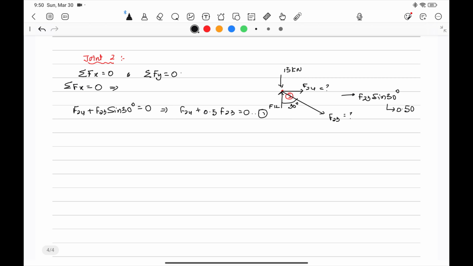Now, we have to find the second equation. What is the second equation? In the y direction, just directions only you take. Don't worry about minus plus. Sum of the upward forces. In this direction, it will be F23 cos 30.